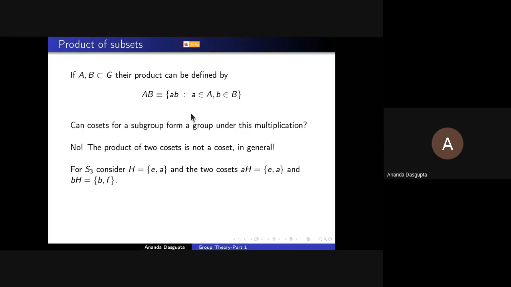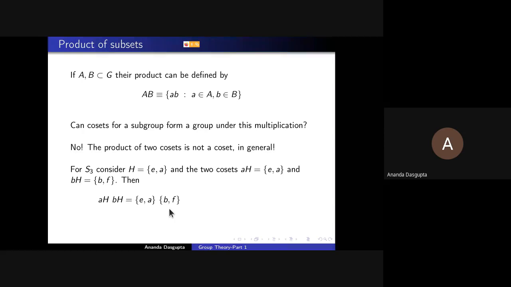Just as an example, you take H as {E, A}, our favorite subgroup for S3. Then the coset AH is of course {AE, AA}, that's {E, A}. And BH is {B, F}, that's what we found out earlier. If you don't remember that, just take my word for it, that if you multiply this out, this is what you're going to get. And if you multiply AH by BH, that's of course {E, A} times {B, F}.